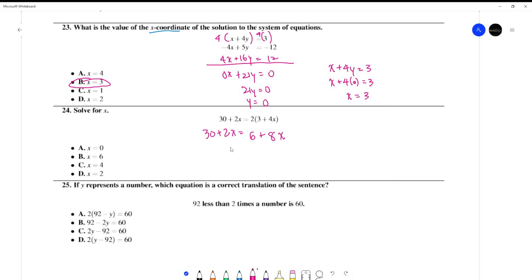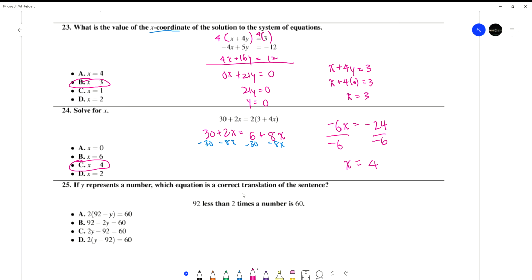So I'm going to subtract 30 and subtract 8x, I meant to say, not x. So I have negative 6x is equal to negative 24. Then we divide both sides by negative 6 to get x is equal to positive 4, which is our answer choice C.